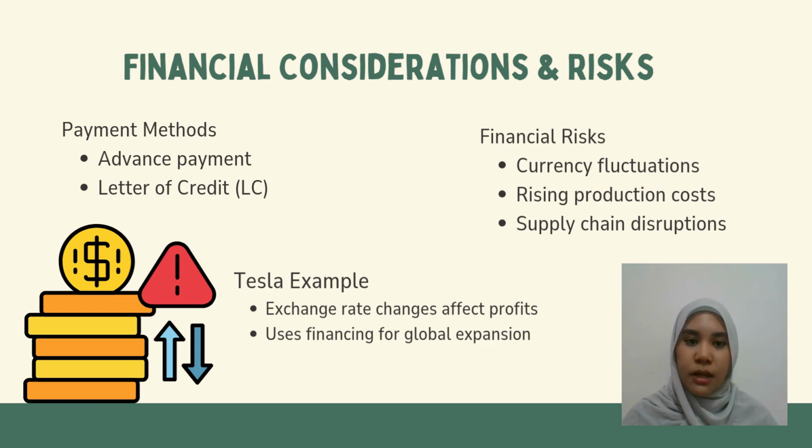For Tesla, the exchange rate change can affect the profit, of course. Tesla itself is from the US, right? So if they do business with another country with a lower exchange rate, it might affect their profit. And also they use financing for global expansion.